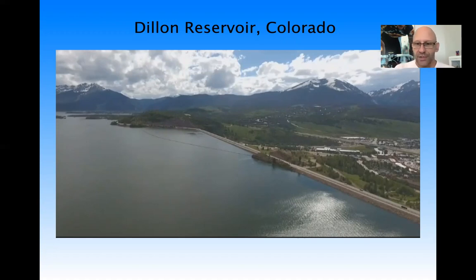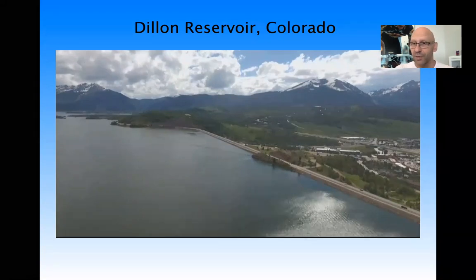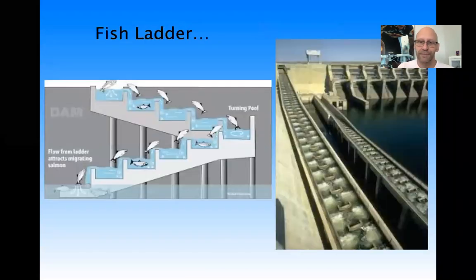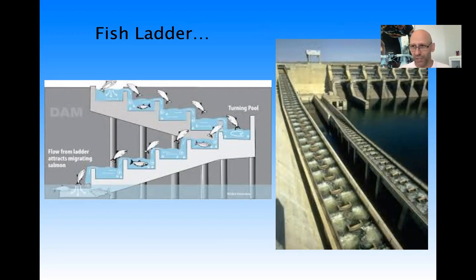The other thing that you can do with a dam is you can back it up, and now you have drinking water. And so in the case of the Dillon Reservoir, that's what supplies Denver, Colorado with its water. The negatives of this, you change the entire ecology of that river. When you turn a river into a lake, now you've changed the ecology of that space.